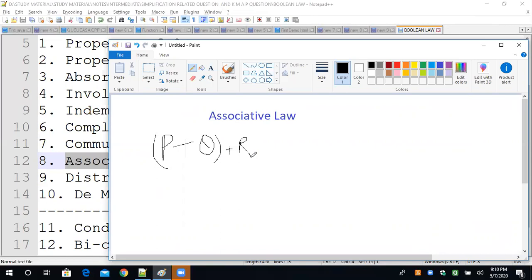P plus Q plus R can be written like that: P plus Q plus R. Understand? All the terms are in plus.